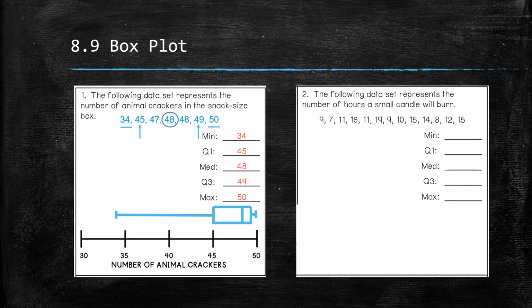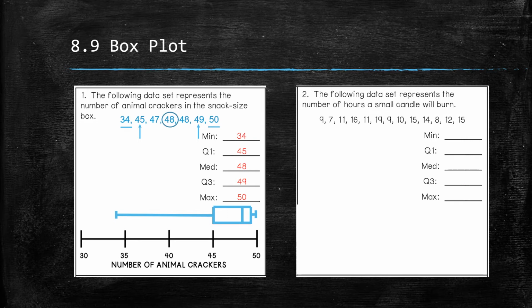So you can see my spread goes from 34 to 50, and my data is skewed left because the majority of my data is on the right. Now that we've done that, I'd like you to pause the tape, try number 2 on your own, and then I'll quickly go through 2.